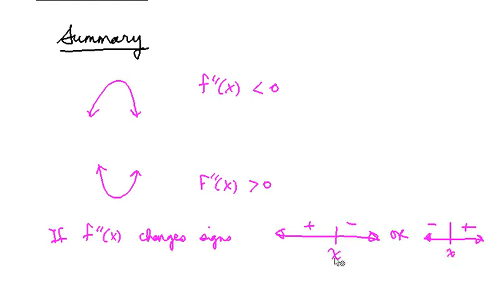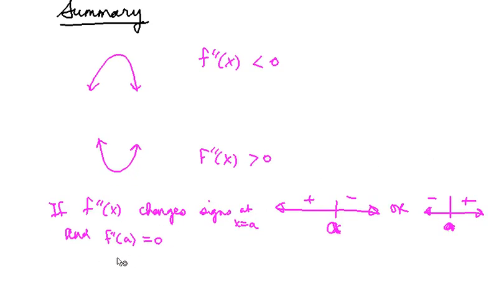If f double prime of x changes signs at x equals a, and f double prime of a is 0, then we have a point of inflection. How do I distinguish if it's stationary or non-stationary?